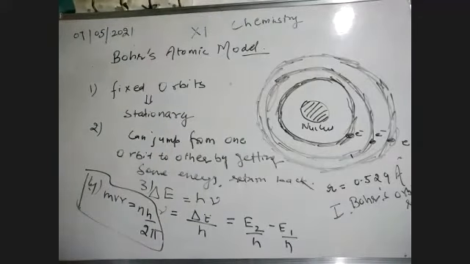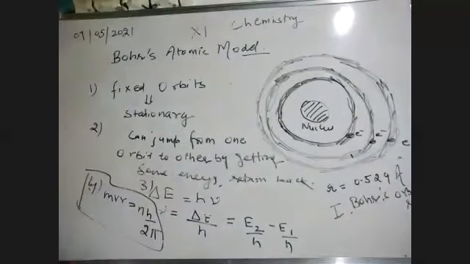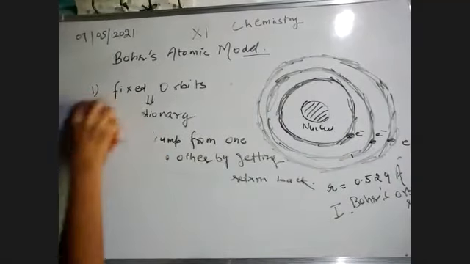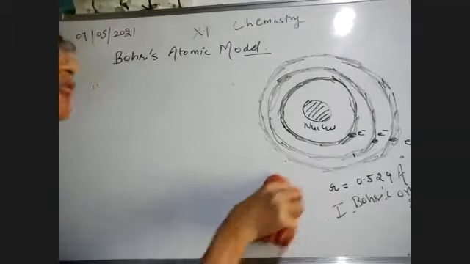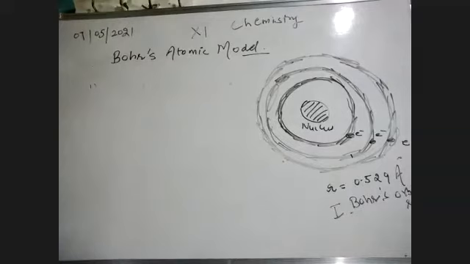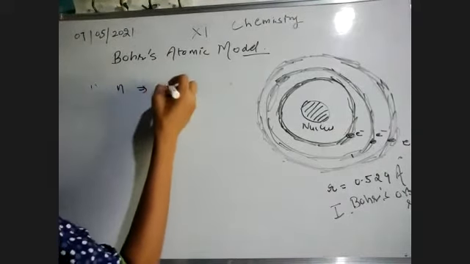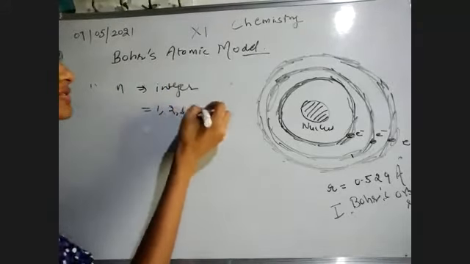Now let's move to these two or three postulates more, in which n is explained very well. What n actually wants to explain to us is that for each orbit, this n is an integer, and it could be 1, 2, 3, and so on.